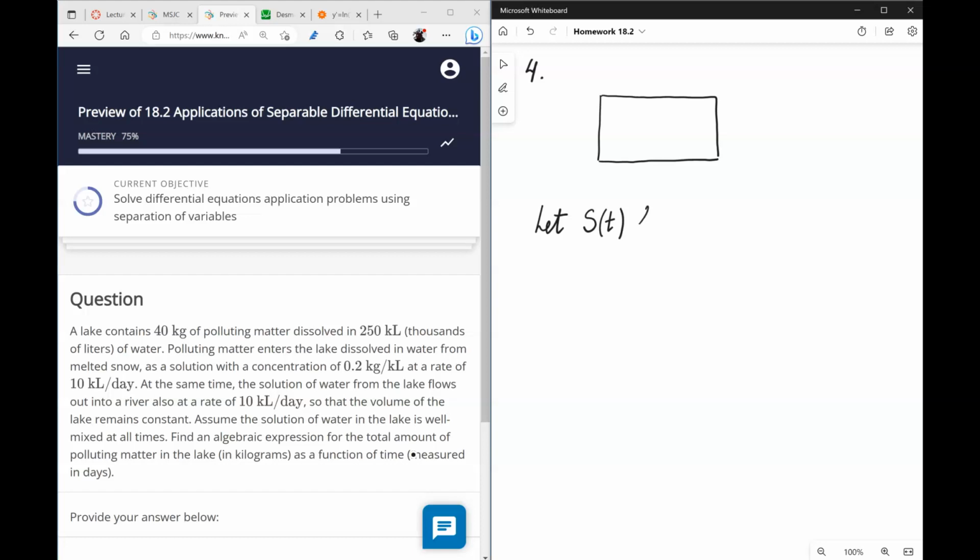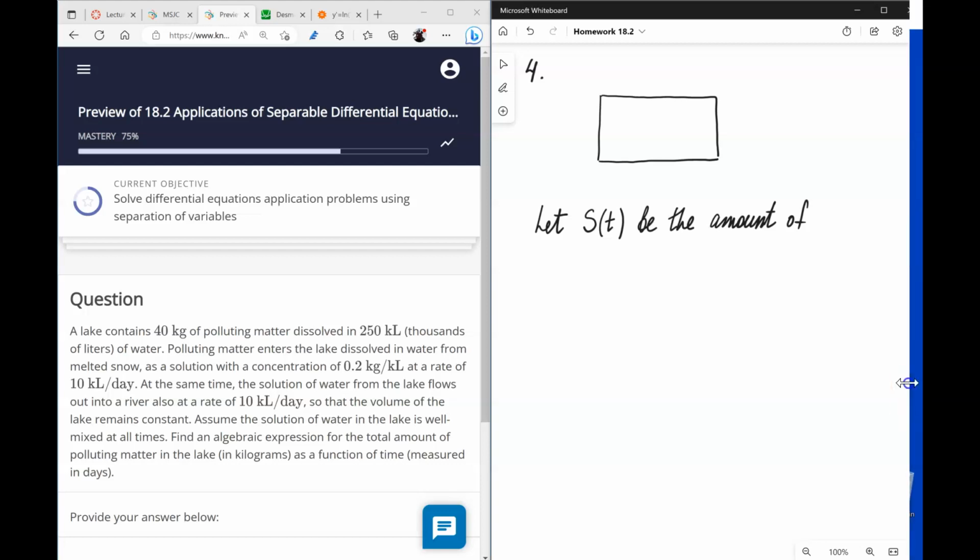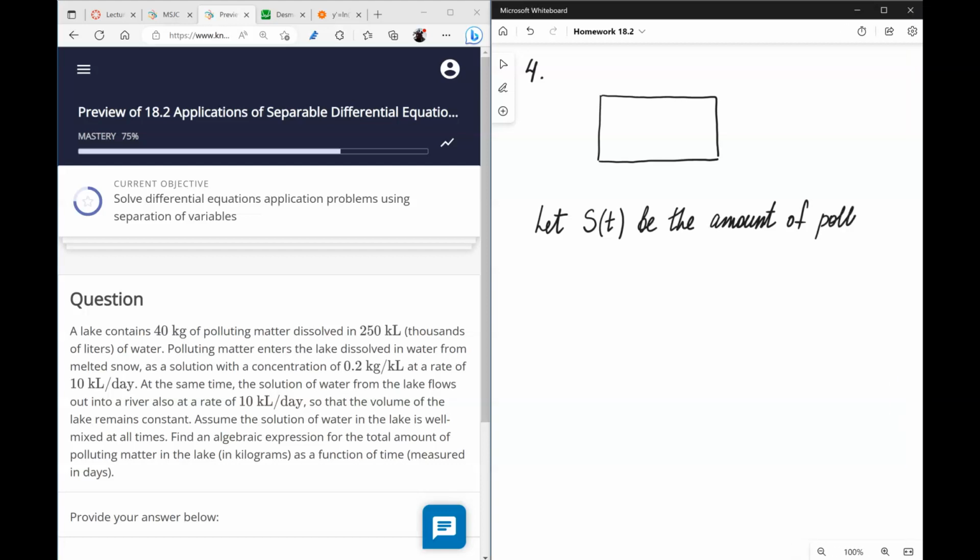So let S of t be the amount of, and what are we dissolving here? Some pollution, right? The amount of pollution or polluting matter in the lake, in kilograms.